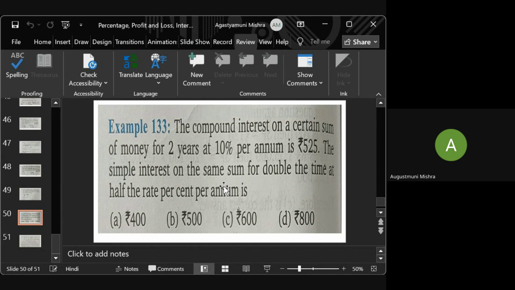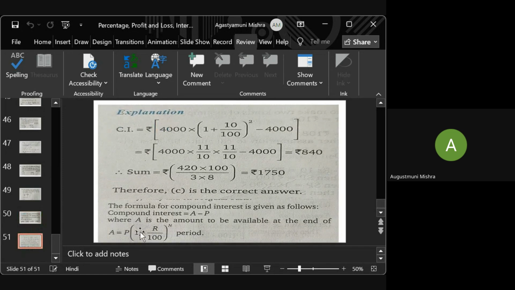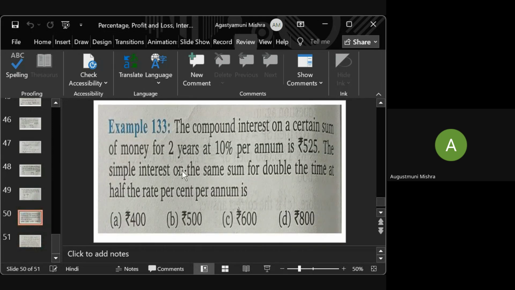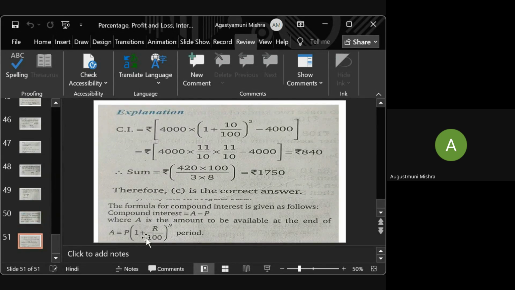You have to just put the values in the place of this formula. Okay, in the case of this, the pattern will be the same. The only thing you have to keep in mind is that this formula you have to use, P in bracket 1 plus R by 100, minus P. Okay.